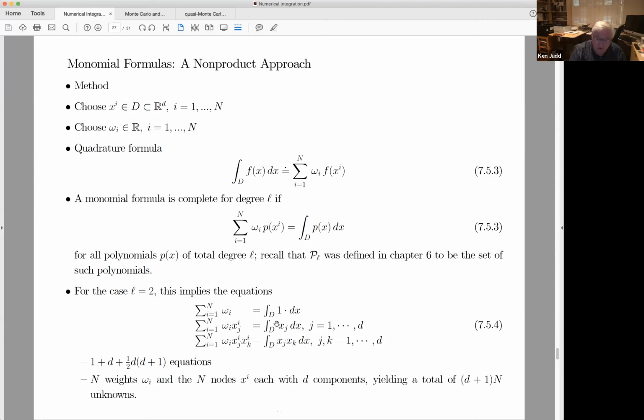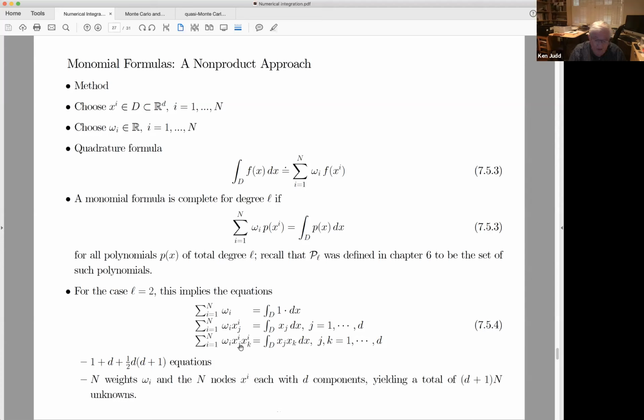If you're integrating just the univariate function x_j over the n-dimensional domain, you're going to have the x^i point, the ith point in n-dimensional space, and its jth component goes in here, and the weights omega i weight over the different points i.